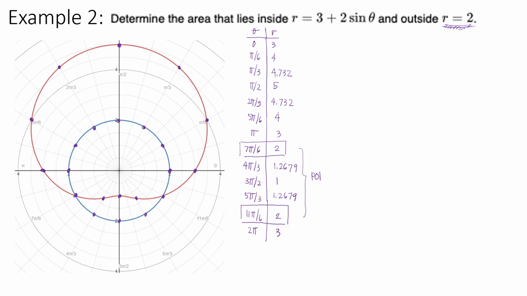Okay, so the next part would be to determine the area. So determine the area that lies inside r equals 3 plus 2 sine theta. That's the red graph. So inside, right? So inside the red area, but outside r equals 2.